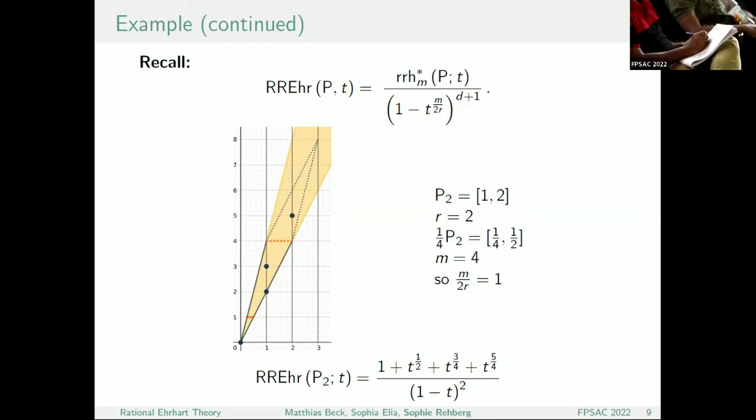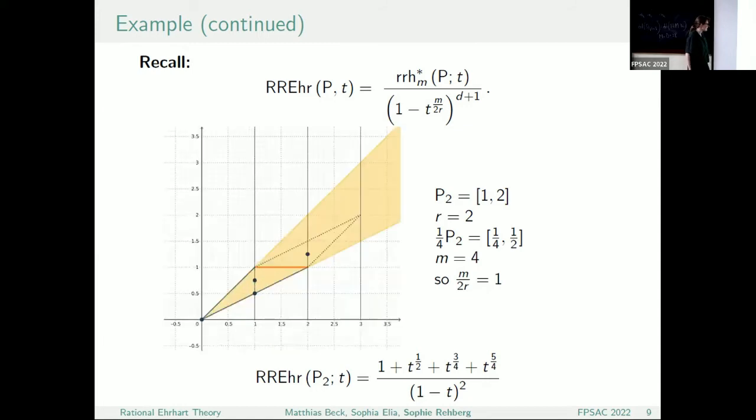There's a different picture which I like much more because it's easier. We can just rescale this additional dimension, and then we get this picture, which is much easier to look at. And now we don't look at integral heights, but at heights that are again multiples of 1 over 2r. And now we can read off the Rh star polynomial.